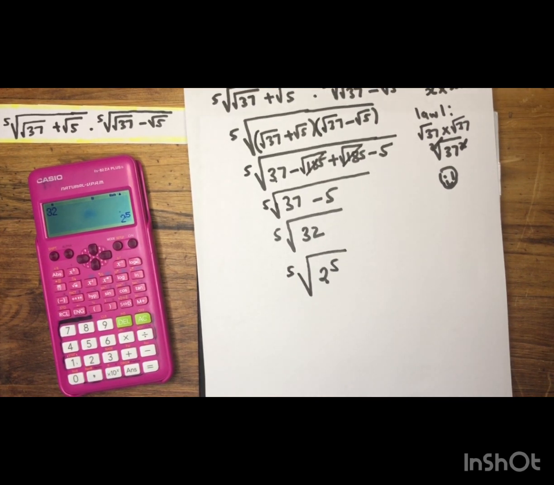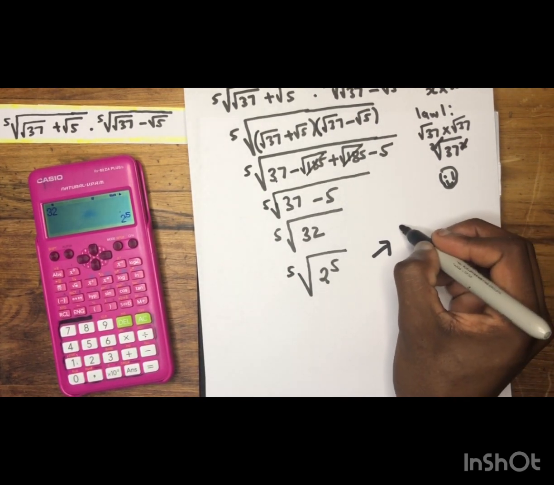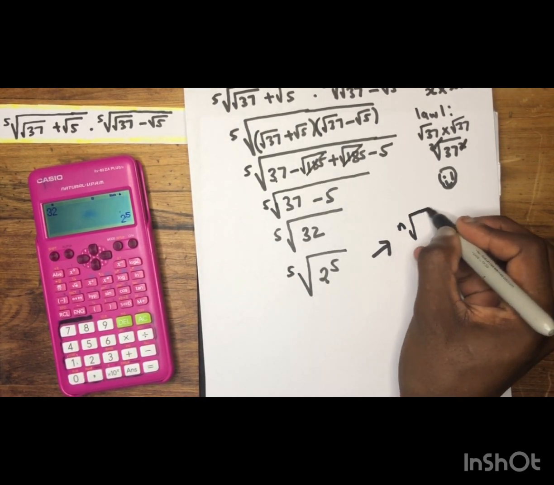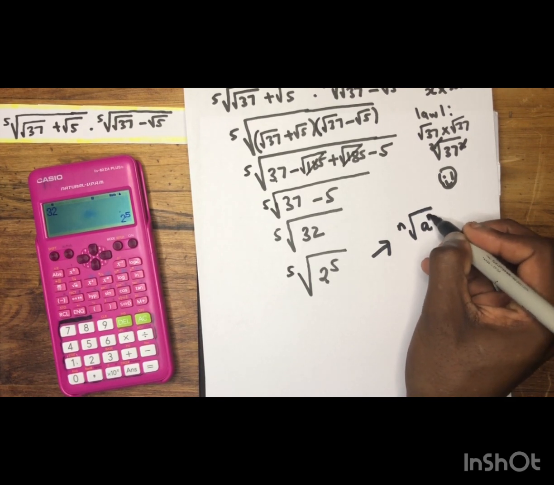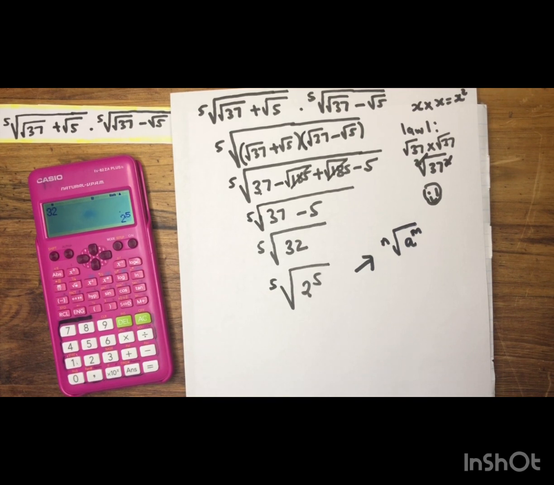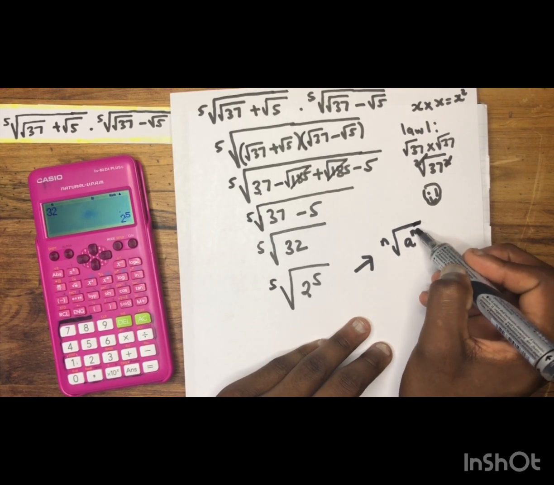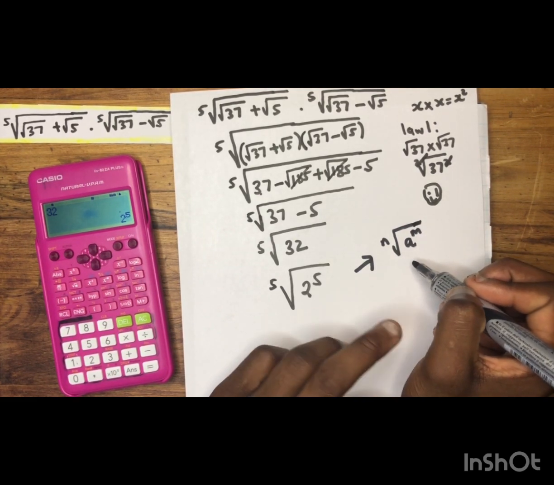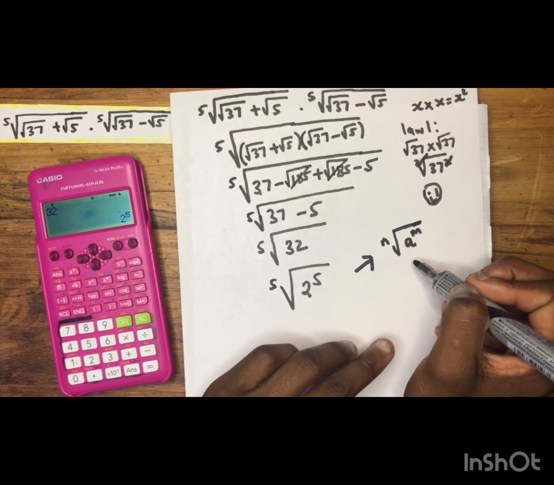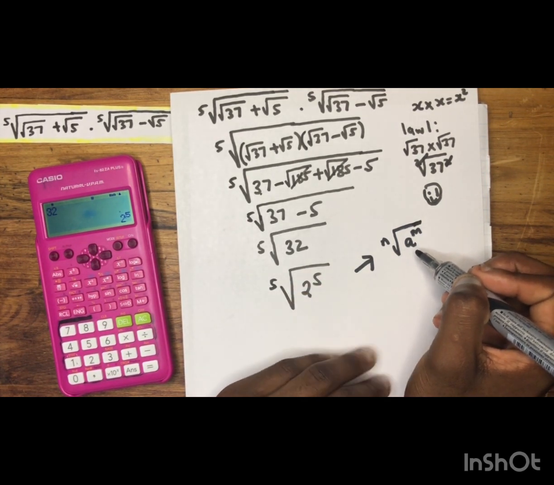Now, it's easy, guys. Remember your root definition. Your root definition says that if I have the nth root of a to the power m, remember, when I was doing grade 9, my teacher told me that before 1994, there was an apartheid, and Nelson Mandela was kept here in Robben Island.